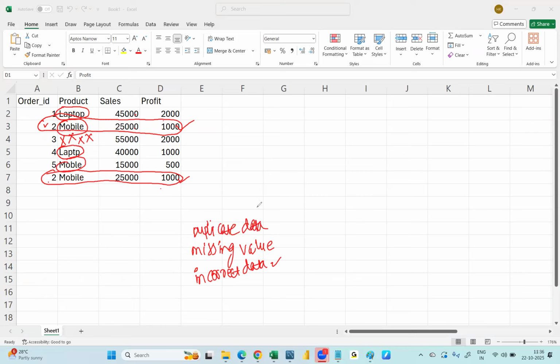At least here the order ID is 2. If I had got some different order IDs, like 6 or 7 or 8, then I would say okay, this is not a duplicate, because different order IDs are there, even though product, sales and profit match.